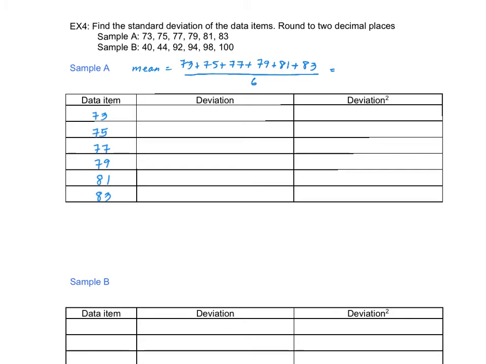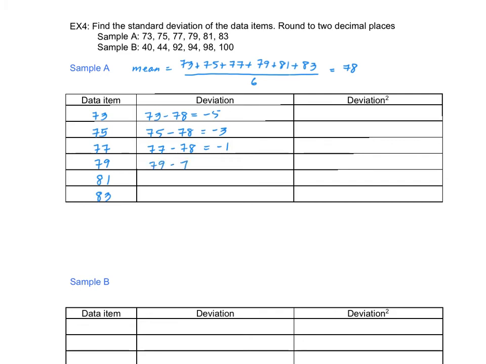When I do that, I get 78 for my mean. Now I can find the deviation for each one of these data items. So the first one would be 73 minus the mean of 78. This is going to give me a negative 5. 75 minus 78, negative 3. 77 minus 78 will give me negative 1.